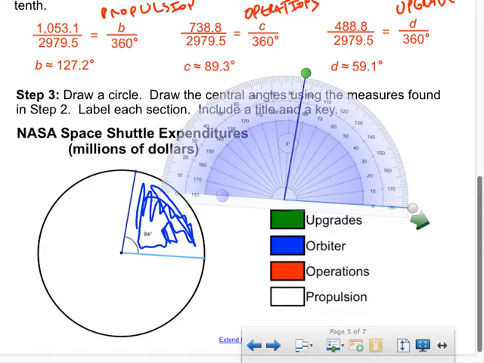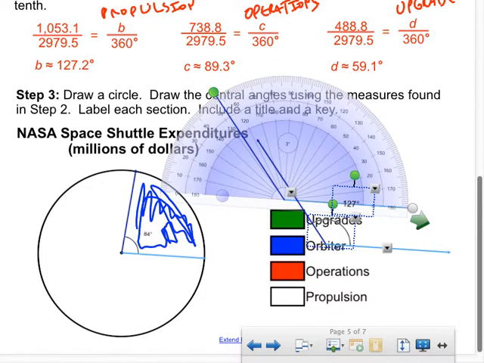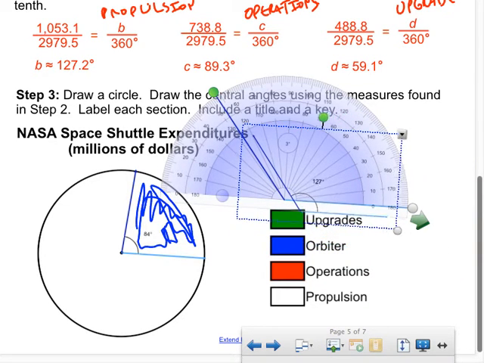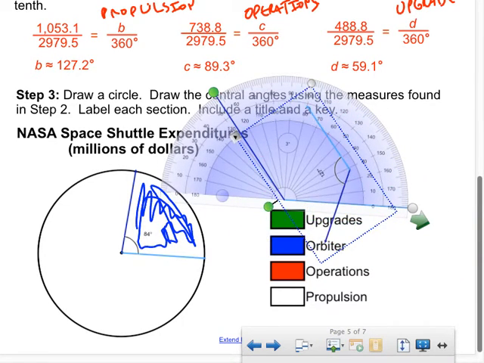That's just going to be white, but that's going to be 127.2 degrees. And is that an acute or an obtuse angle? Obtuse. So 125, 6, 7. 127 degrees. And so I'm going to shrink this down, rotate it, so that I can get this to fit.